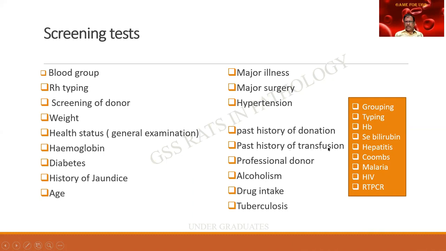Past history of transfusion, whether he is a professional donor, alcoholism, drug intake, tuberculosis, all these patients should not give blood. And these are all the various screening tests that should be done. Please memorize it. For example, hepatitis, obviously we cannot give. Coombs test should be done. Malaria, HIV. Then RT-PCR nowadays because of COVID also.